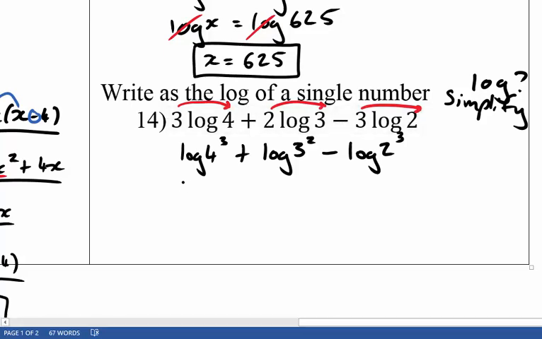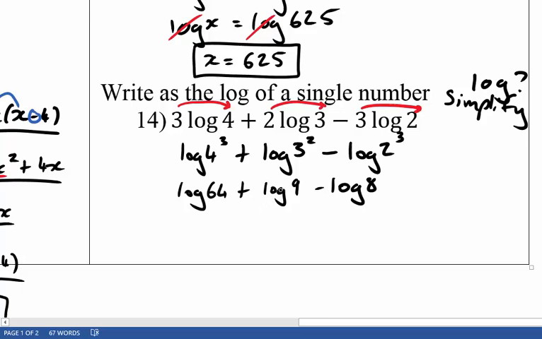So now I can go log, and I'll just solve all those. 4 to the power of 3 is, 4 times 4 is 16, times 4 is 64, plus log 3 times 3 is 9, minus log 2 times 2 times 2 is 8. You don't need to do that in your head, you can just use a calculator for those parts.